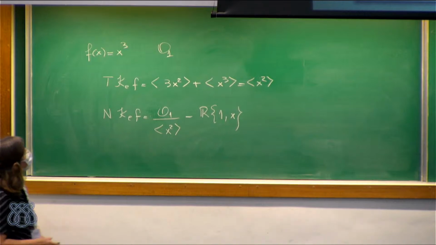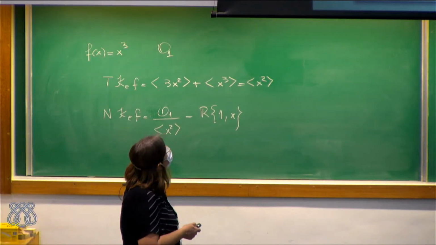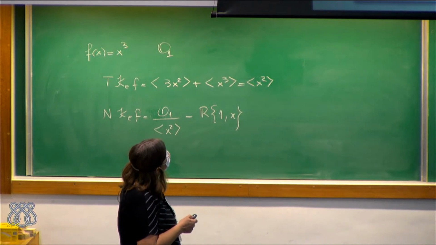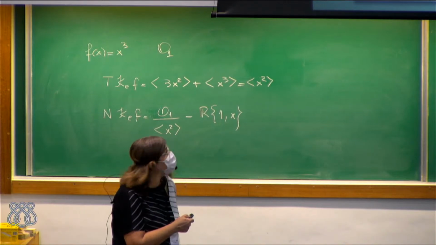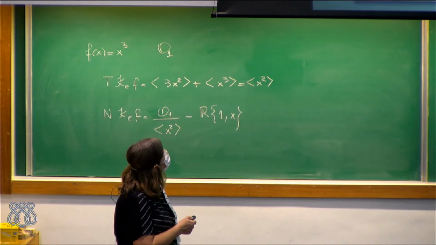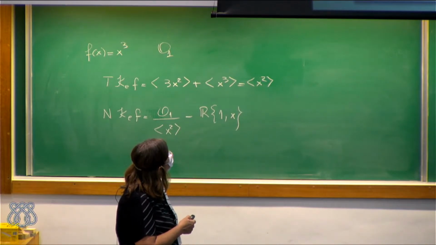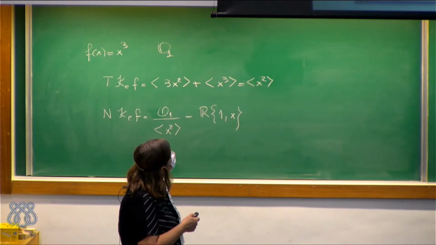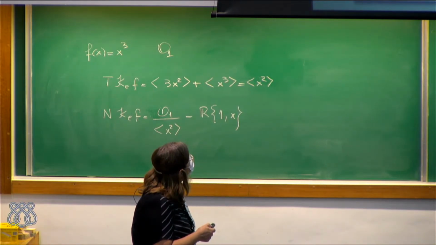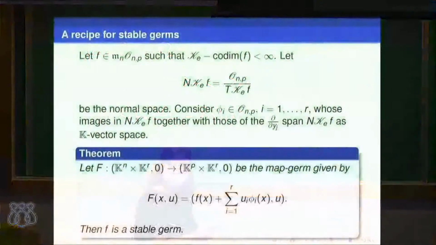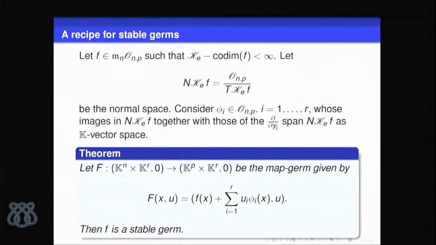Okay. So this theorem tells us the following. We have this normal space, which is a K vector space, and you take generators of this vector space, and also you consider the constant. You drop off the constant, and you can write this germ here.